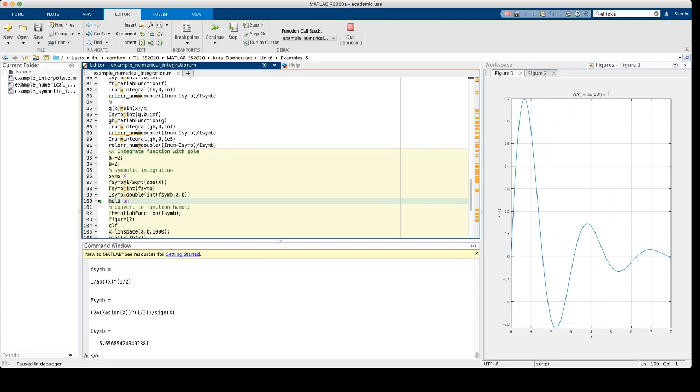Symbolic integration works without a problem in this case, and the exact value is given by the value stored in isymb, which is displayed in the command window and also here in the editor window.